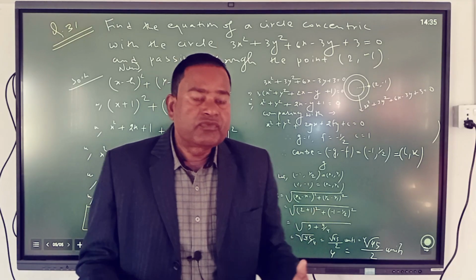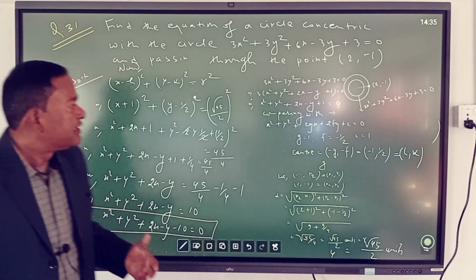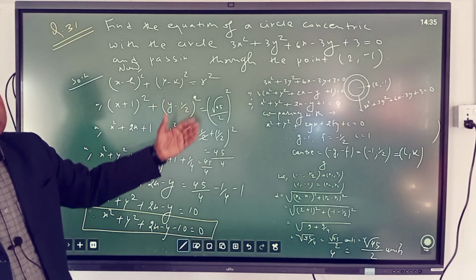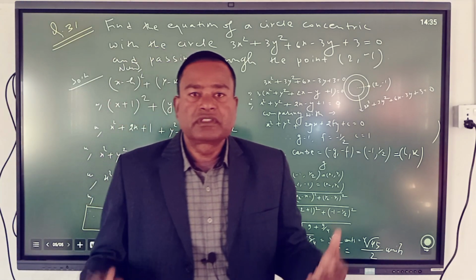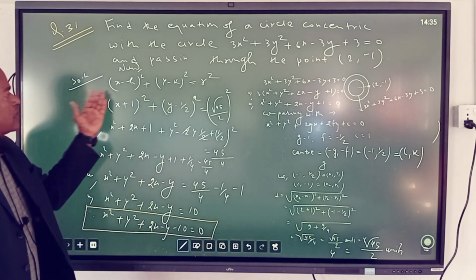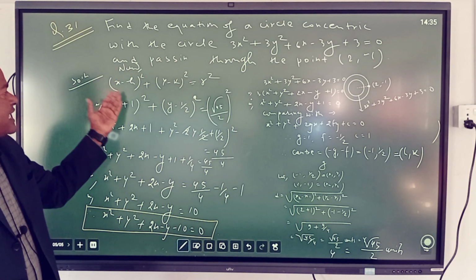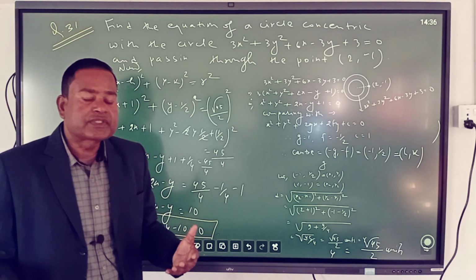Now if we know the center and the radius of any circle, then we can easily find the equation of the circle by using the formula of the equation of a circle in the central form. We know that the equation of a circle in the central form is x minus h whole square plus y minus k whole square equals r square.